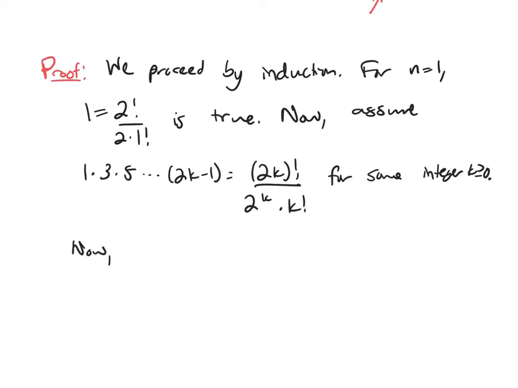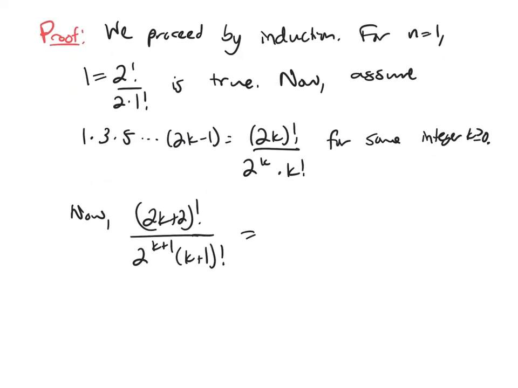Now we took 2k plus 2 factorial over 2 to the k plus 1 times k plus 1 factorial. So it's 2k plus 2, 2k plus 1 times 2k factorial.